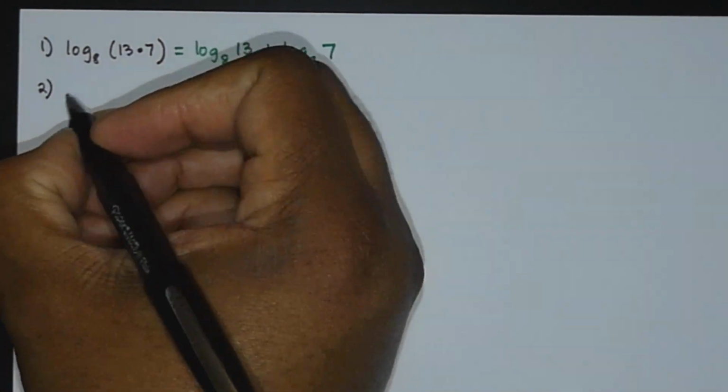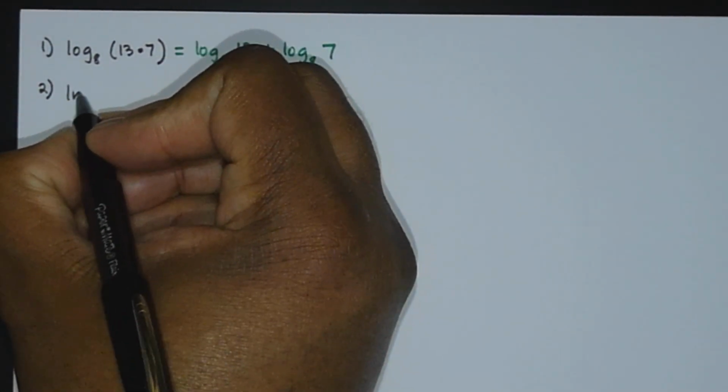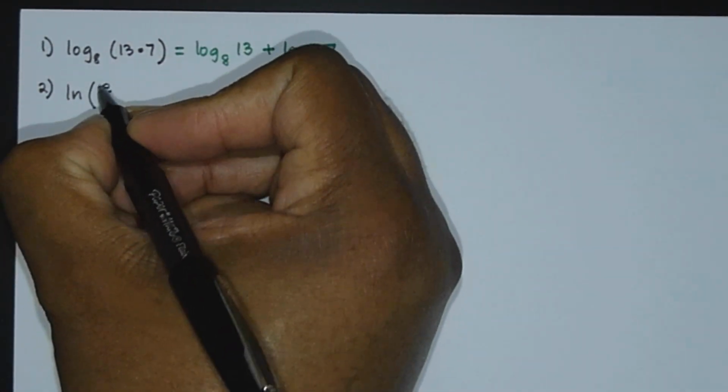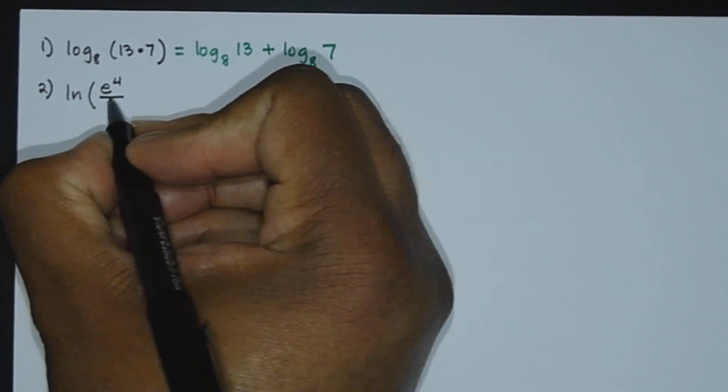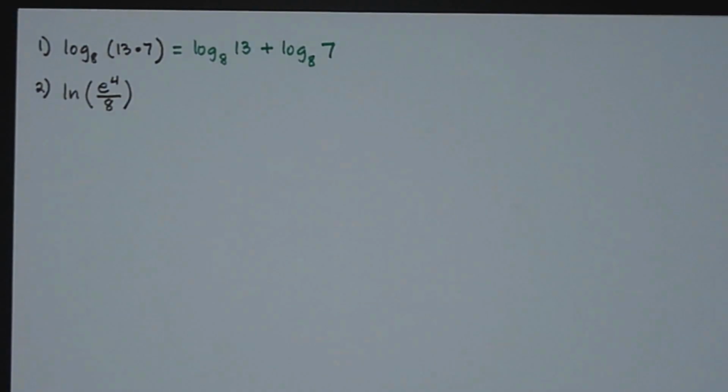All right, number two is the natural logarithm of e to the fourth divided by 8. And I want to expand this expression as far as possible. So what rule can I use here?